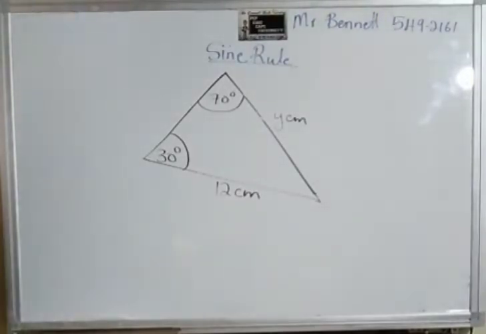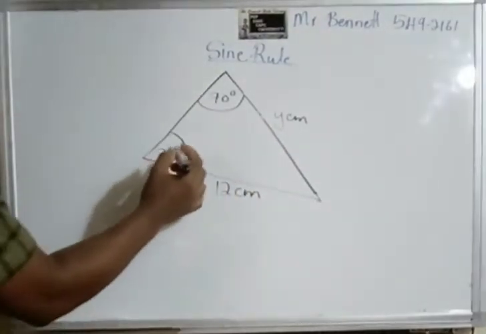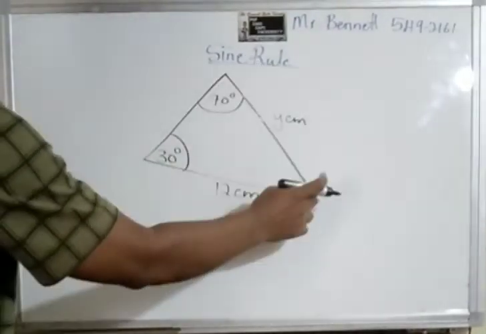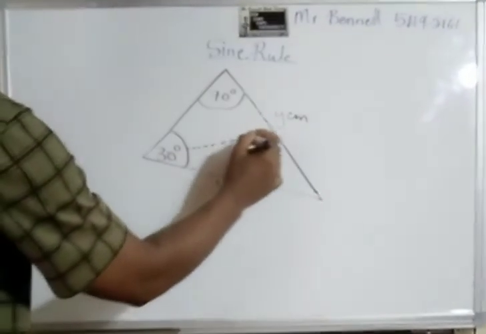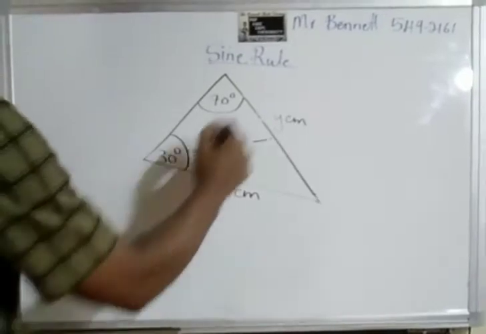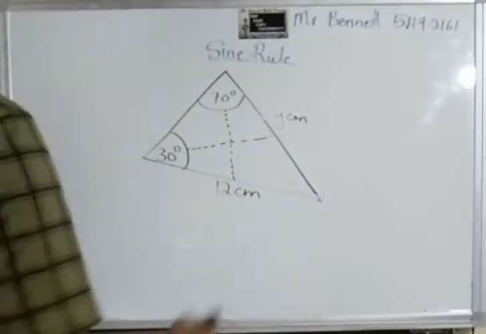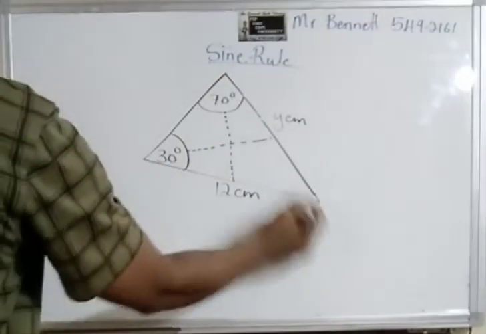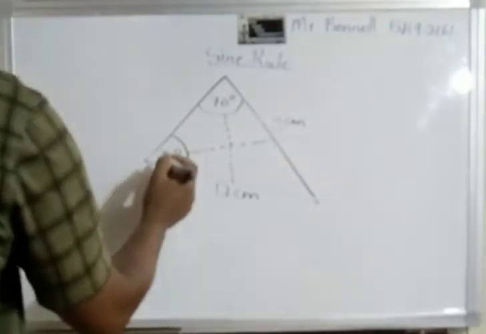Now, the process is, what we're doing is actually matching opposite side to opposite angle. So what we can do, from the angle we draw a dotted line like this. Similarly, this. So this side is opposite to this angle, and this side is opposite to this angle.